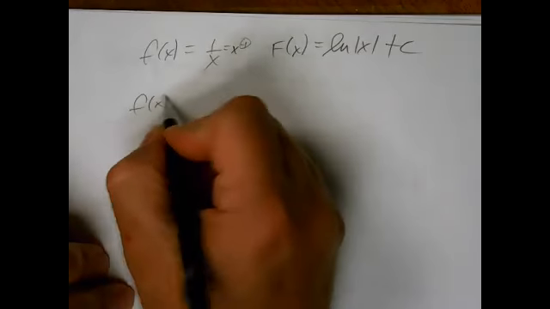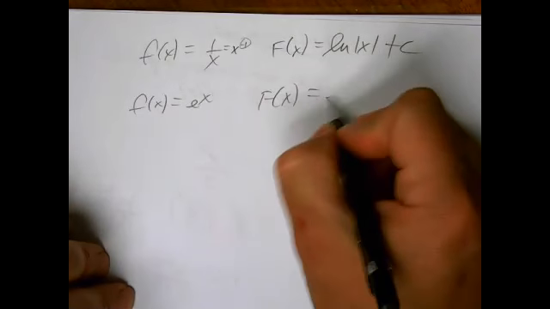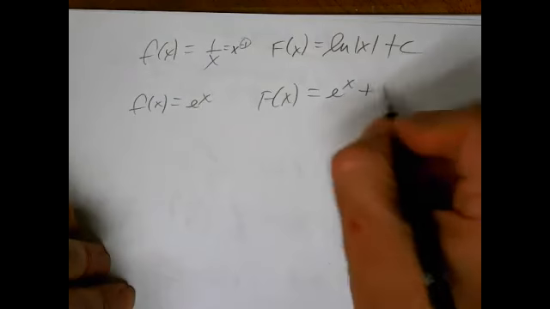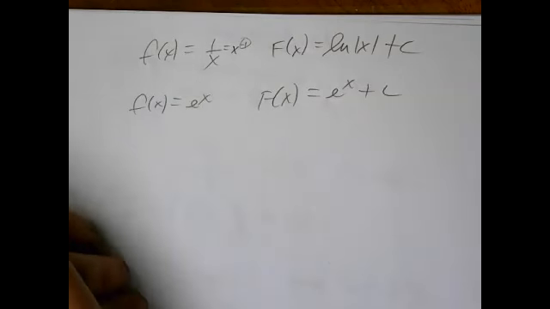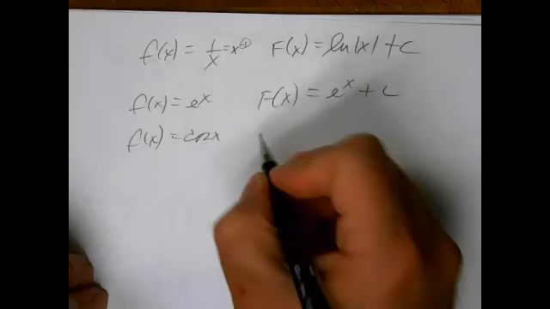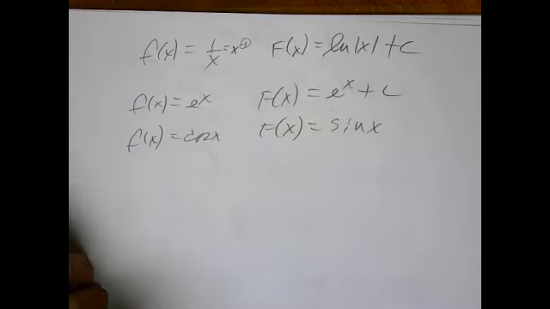If f of x was e to the x, I hope you know that you take the derivative of e to the x to get e to the x. And I hope you remember that the c is required. If f of x was equal to cosine of x, I hope you remember that you take the derivative of sine of x to get cosine of x.